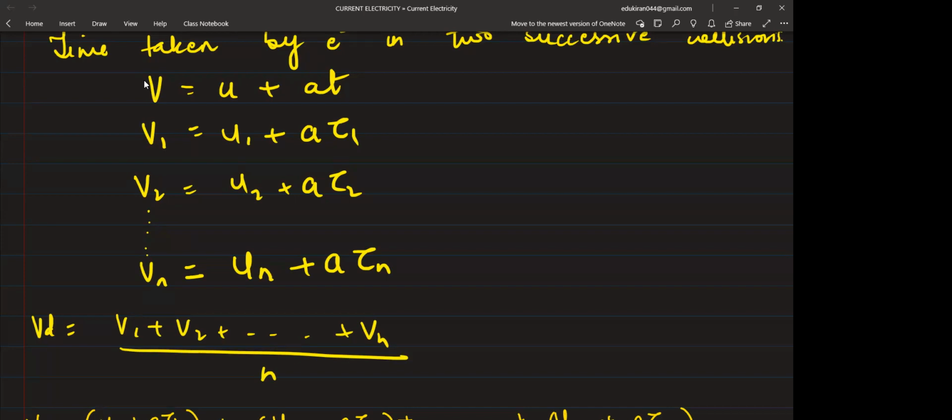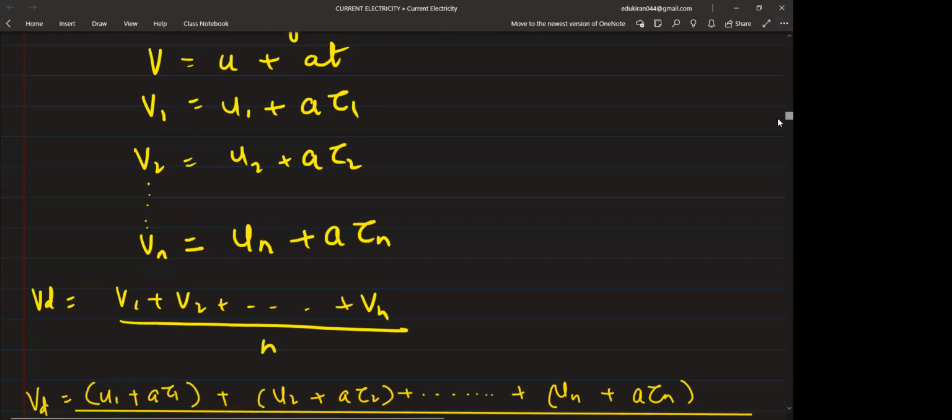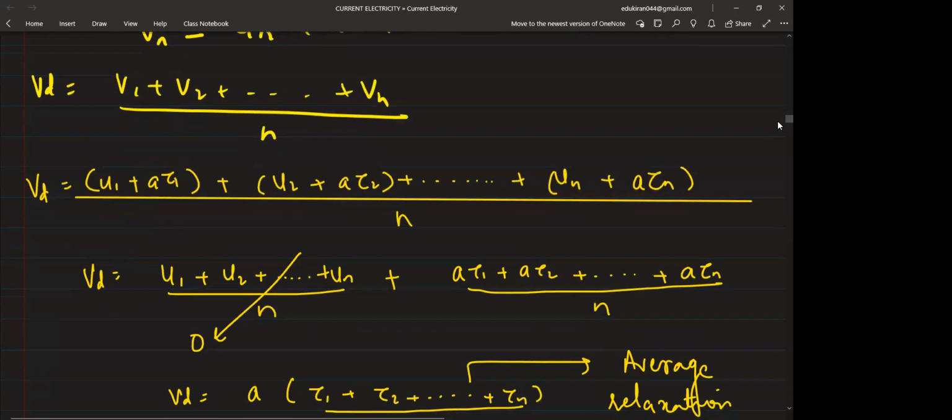Vnth is equal to UN plus A tau N. So drift velocity is equal to V1 plus V2 plus V3 up till Vnth, divided by N. When you put the values, V1 is U1 plus A tau 1, V2 is U2 plus A tau 2, V3 is U3 plus A tau 3, and so on till nth. So we separate all the U terms and these A tau terms separately.